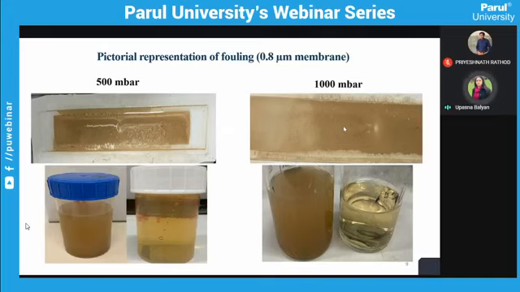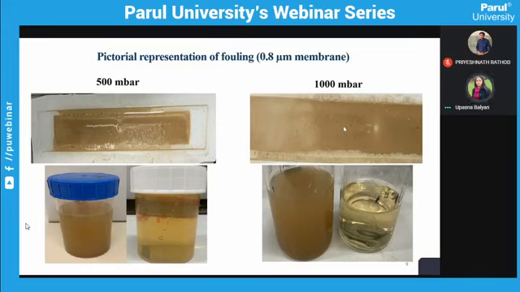Generally, membranes have some zigzag portion. So there is complete pore blocking, intermediate pore blocking, standard pore blocking, and after that there is cake filtration. When the cake is built up, that means all the membrane pores got blocked, so you cannot even work upon that.